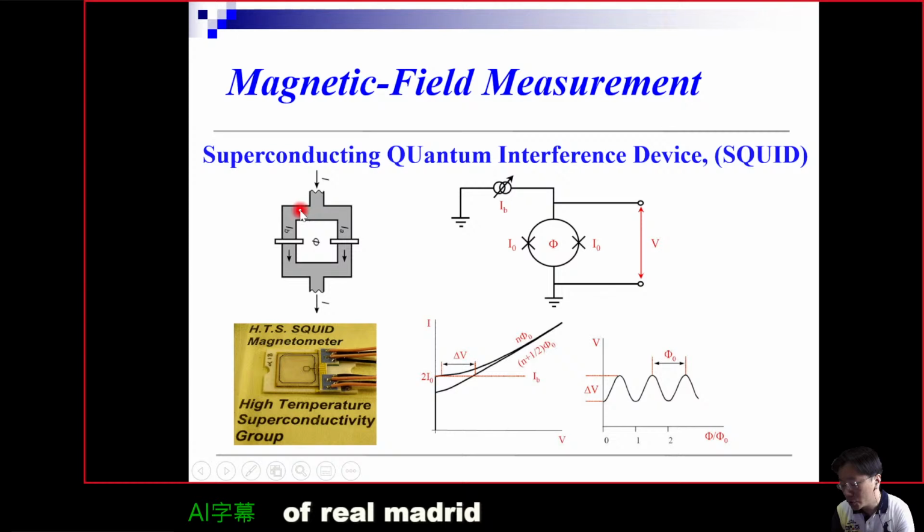So we will build a clockwise current like this. With a clockwise current, for IB the total current here would decrease, but for IA the total current would increase, because there is a loop current here that comes from Lenz's law.